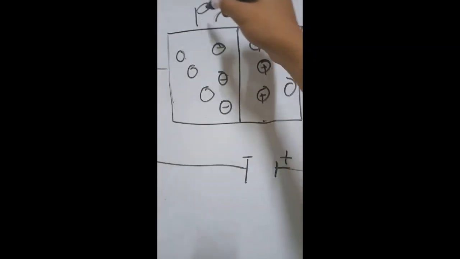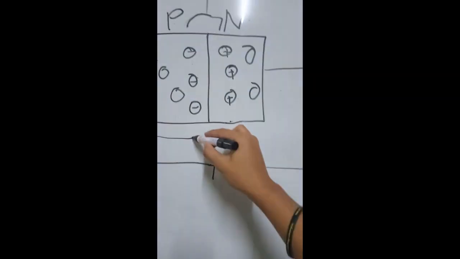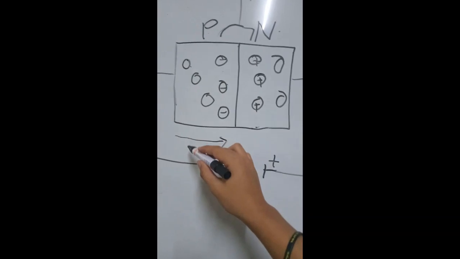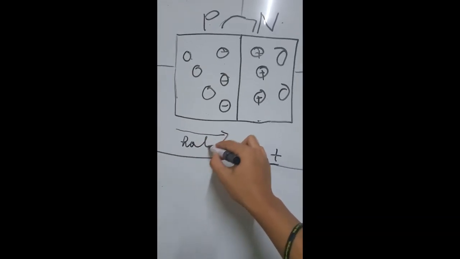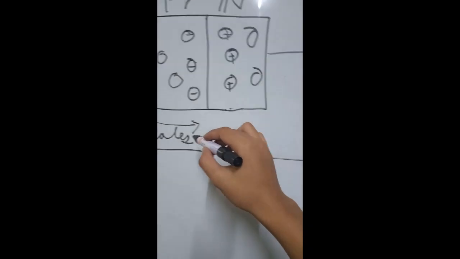So if this is the holes, the direction of the current flow should be here. I'll write this correctly for the P type.